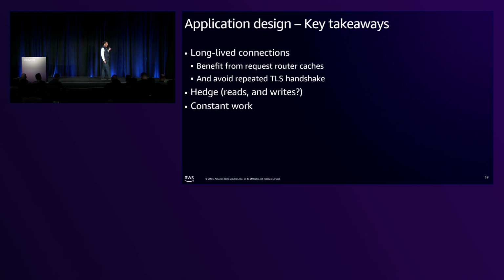There's a lot of times when you get calls from customers and they say the latency is unacceptable. And we go and debug it, and they make a connection, they send a request, they close the connection. Which means not only are you doing a TLS handshake every time, but your request may be going to a completely different request router, which has no caches for your tables. Try to use long-lived connections wherever you can.